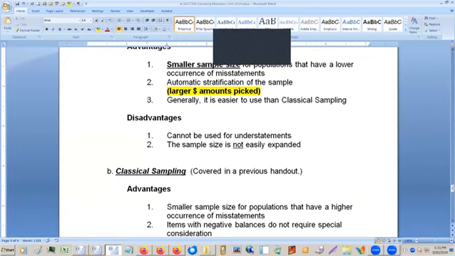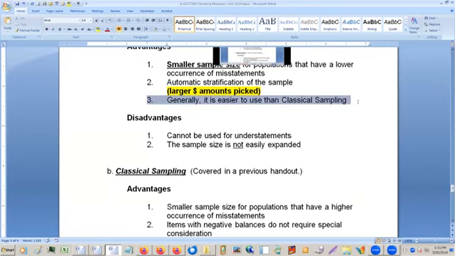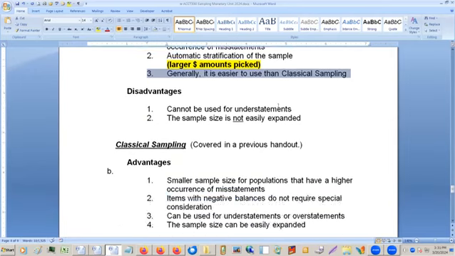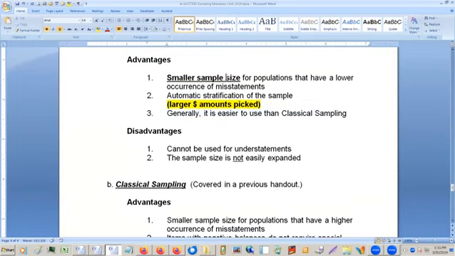And you wouldn't know it by doing it today, but if you get into doing this, it's easier to use in the classical sampling. And actually, I've used both of those. The classical sampling I actually use more than the monetary unit sampling. But with classical sampling, they generally have you pick really large sample sizes.